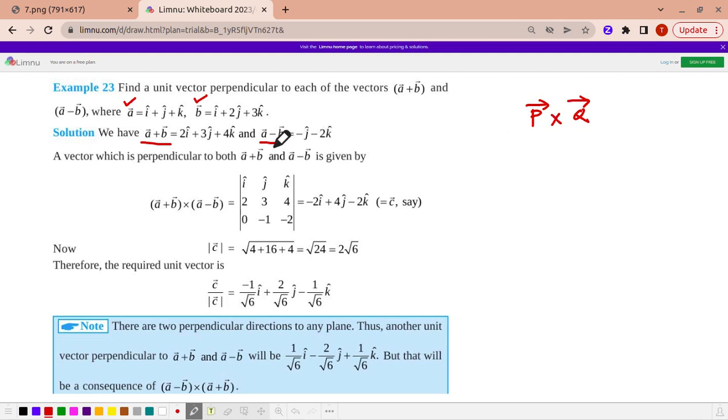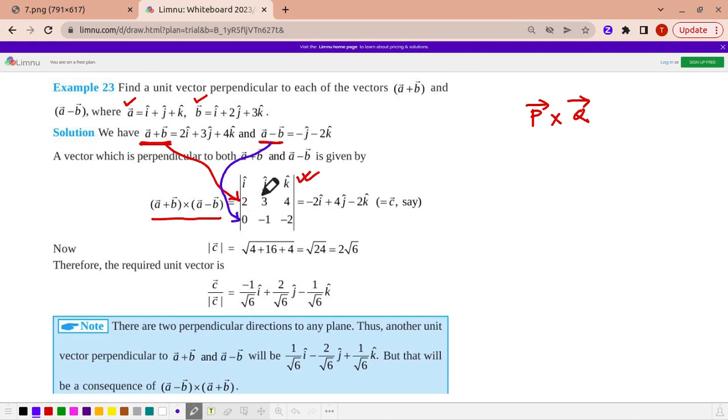So here we need to find a vector perpendicular to both the vectors a plus b and a minus b, and it is nothing but the value of this determinant, where the coefficients are well understood. Coefficients of a plus b are written in the second row, and coefficients of a minus b are written in the third row.